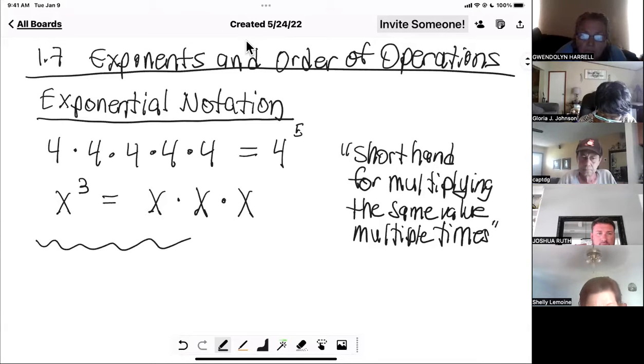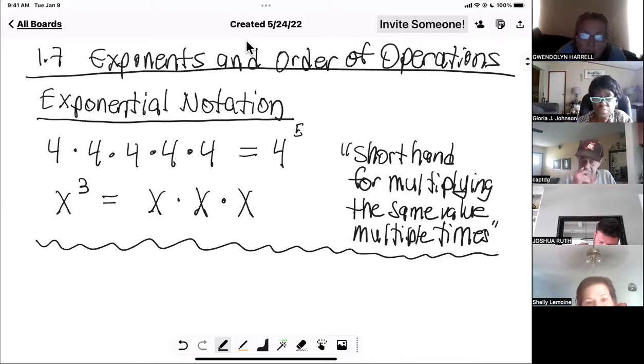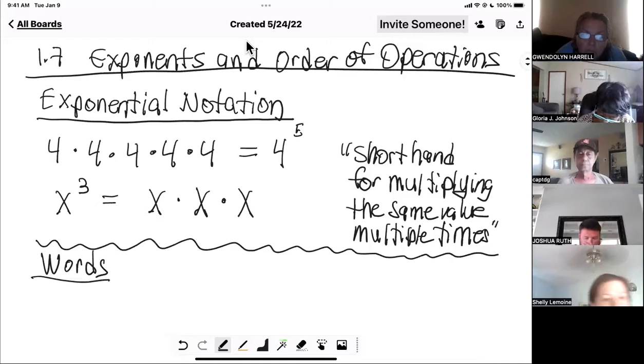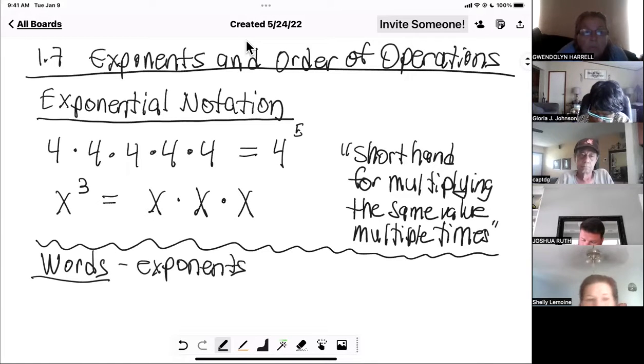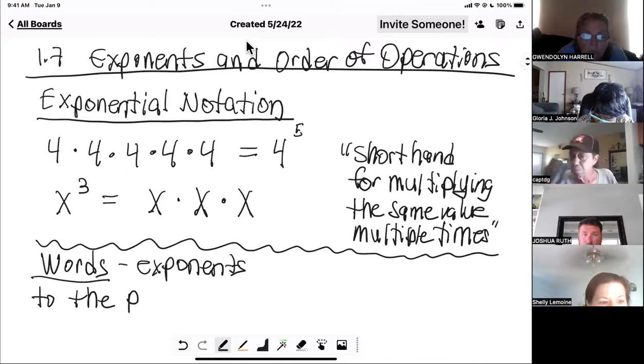Okay, with everything else, there's certain words you want to look for. So words to look out for that mean exponents. Words that mean exponents. All right, words like to the power of.